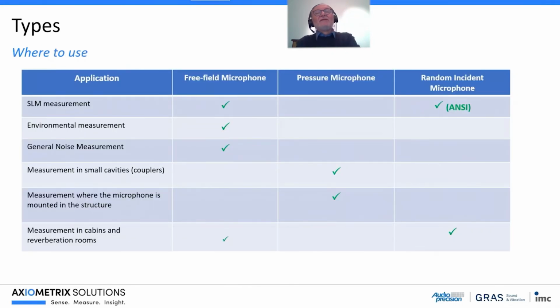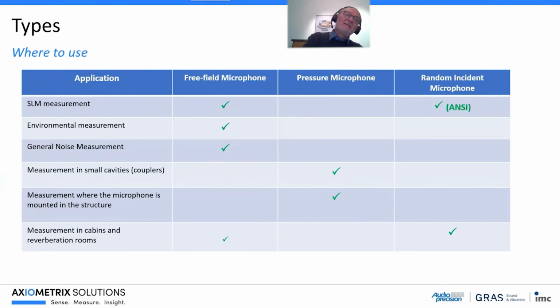Where are we using the different types of microphones? For sound level meter measurements, we use a free-field microphone. Today, this morning, there are a lot of you coming from the US. In the US, you are using a random incidence microphone for sound level meter measurements.